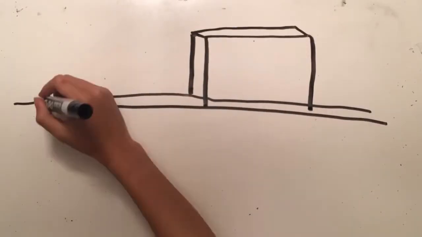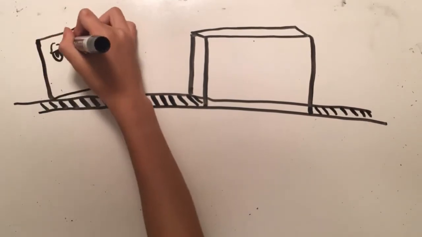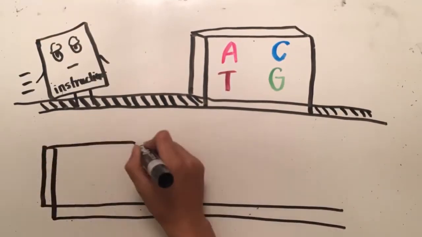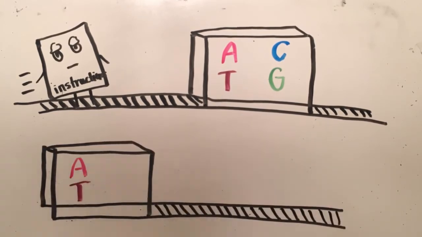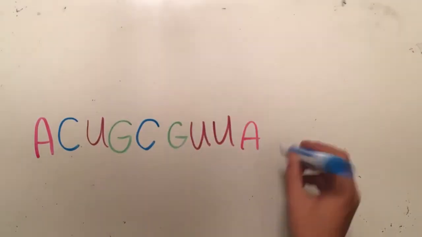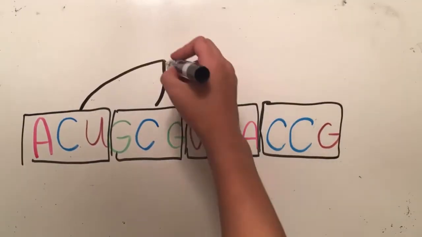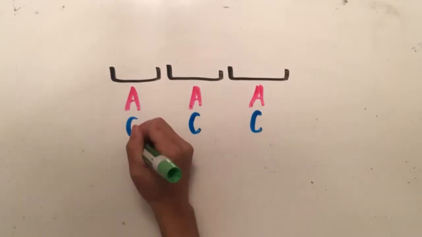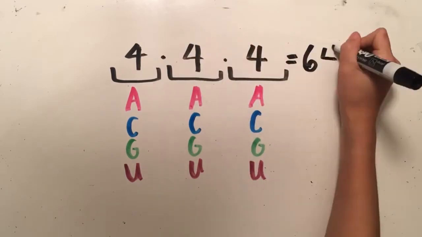These instructions are made using RNA nucleotides, which are A's, C's, G's, and U's, all formed in different groups of 3. These groups of 3 are called codons. There are 64 possible codons, all set on creating certain amino acids.